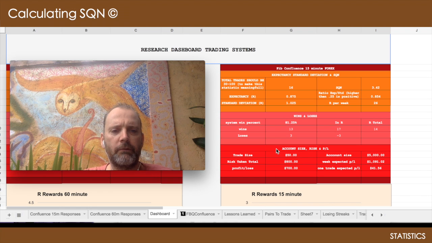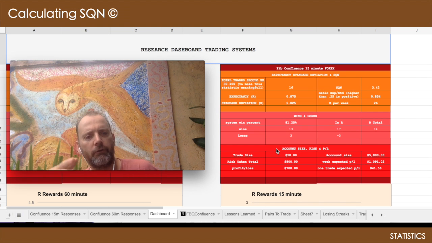So what's an R-multiple? Let's imagine you have a trade that has a risk of $100 and it makes $300. You have a risk-reward ratio of 1 to 3, 100 to 300, and we call that an R-multiple, a risk multiple of 3.